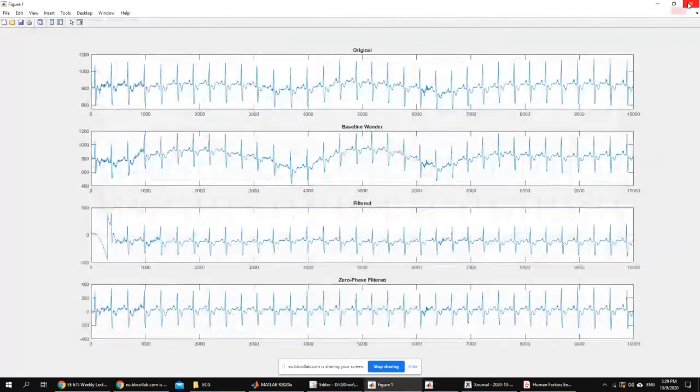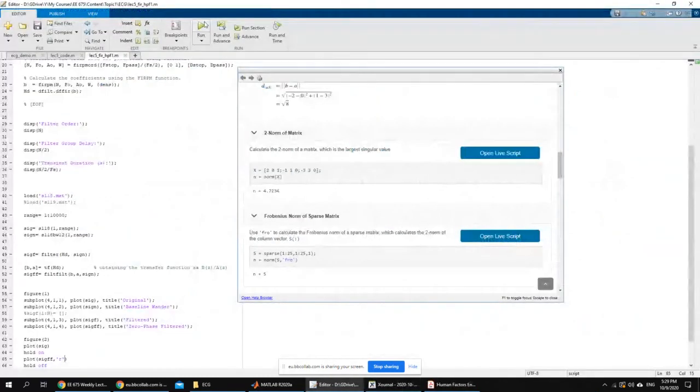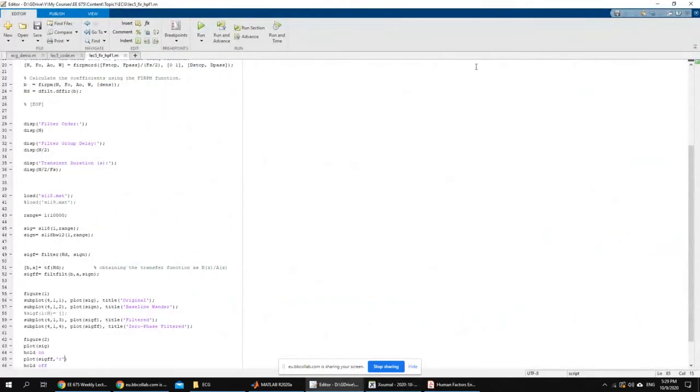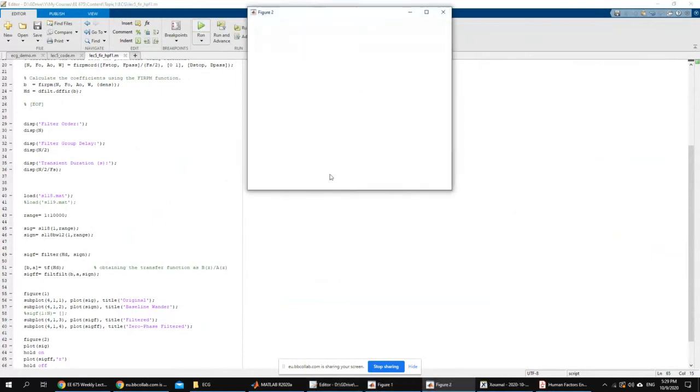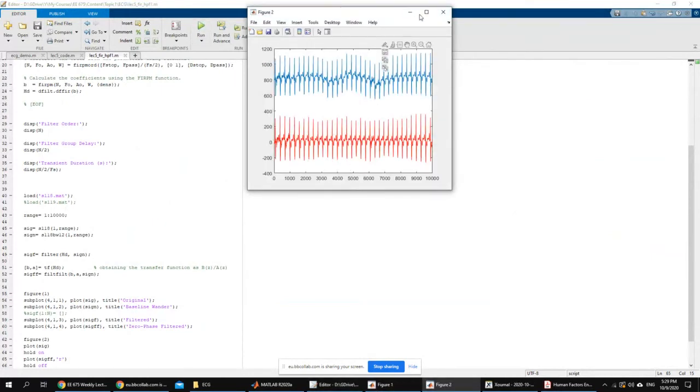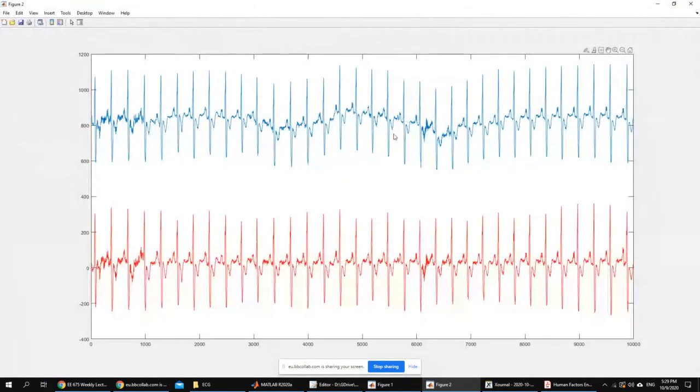Okay, maybe I should remove that. Okay, I plotted them together on the same plot here. Do you see a problem? We saw the problem of the shift, right?